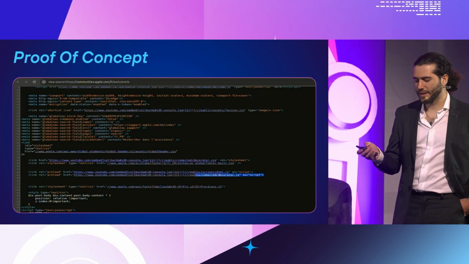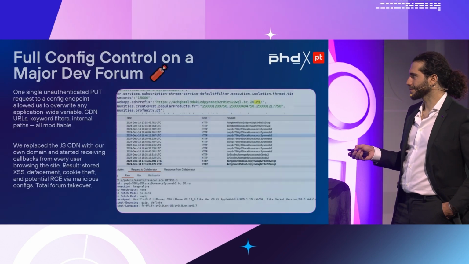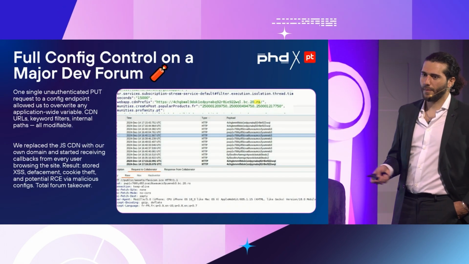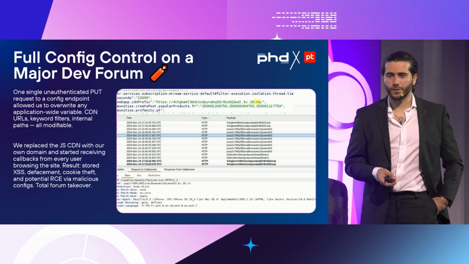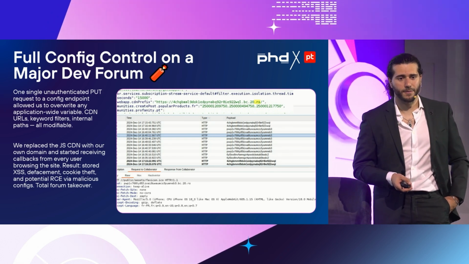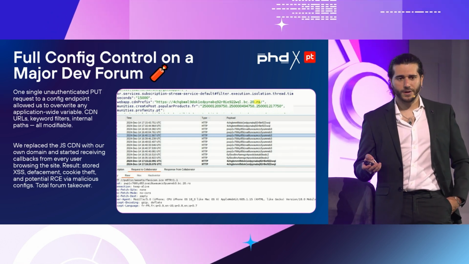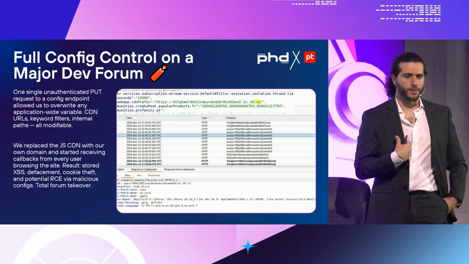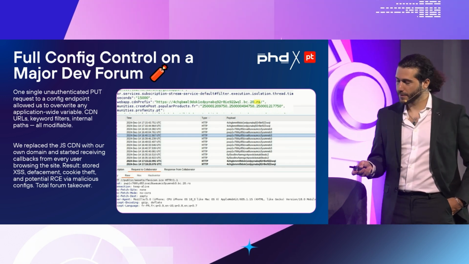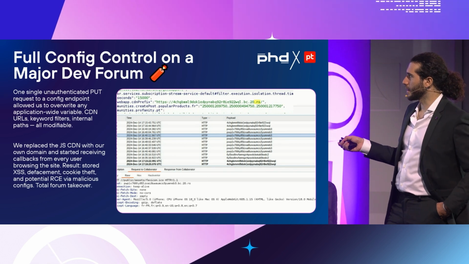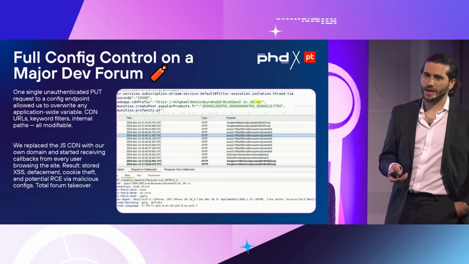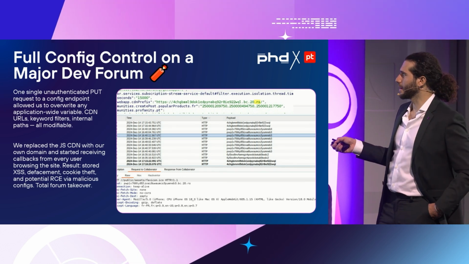What is funny here too is that I was getting callbacks from all Apple users who were visiting the Apple developer forums, because I had changed the links on the page to point to my own domain, and everyone visiting was getting served content from my domain.